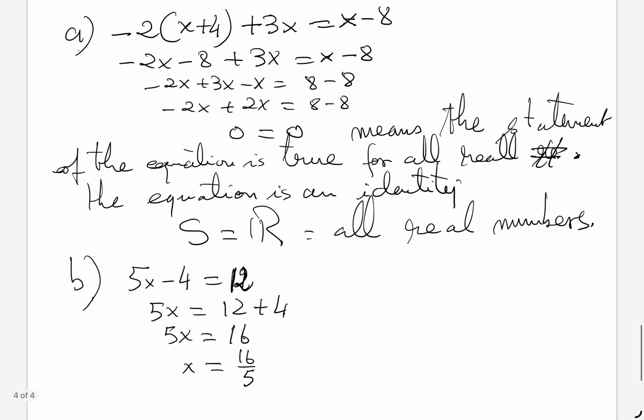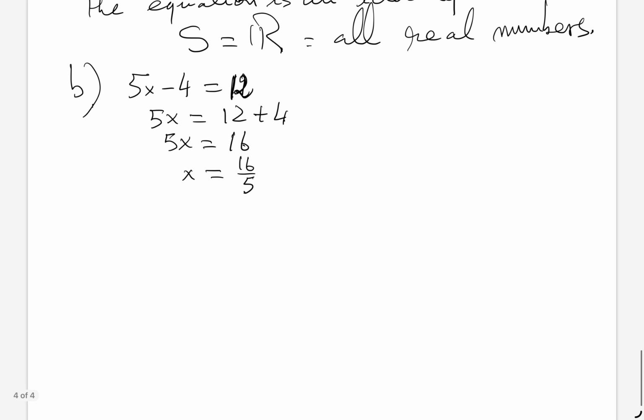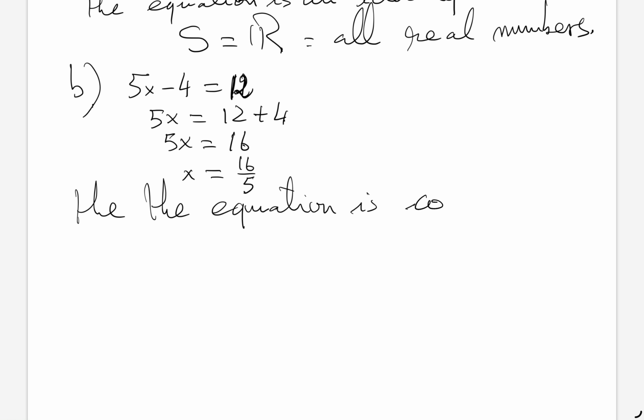And then by conclusion, by definition, what we have here, you should know, is a conditional equation. Then the equation is conditional. Conditional means we only have one x equal to something. In our case, only x equal to 16 divided by 5 satisfies the equation. Other than that, it won't satisfy the equation. Okay.